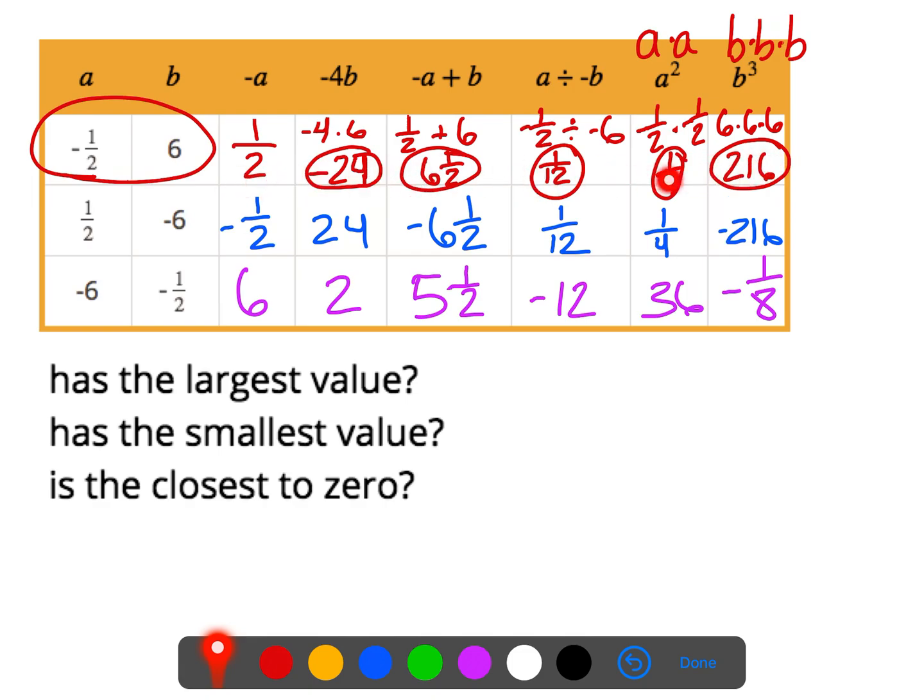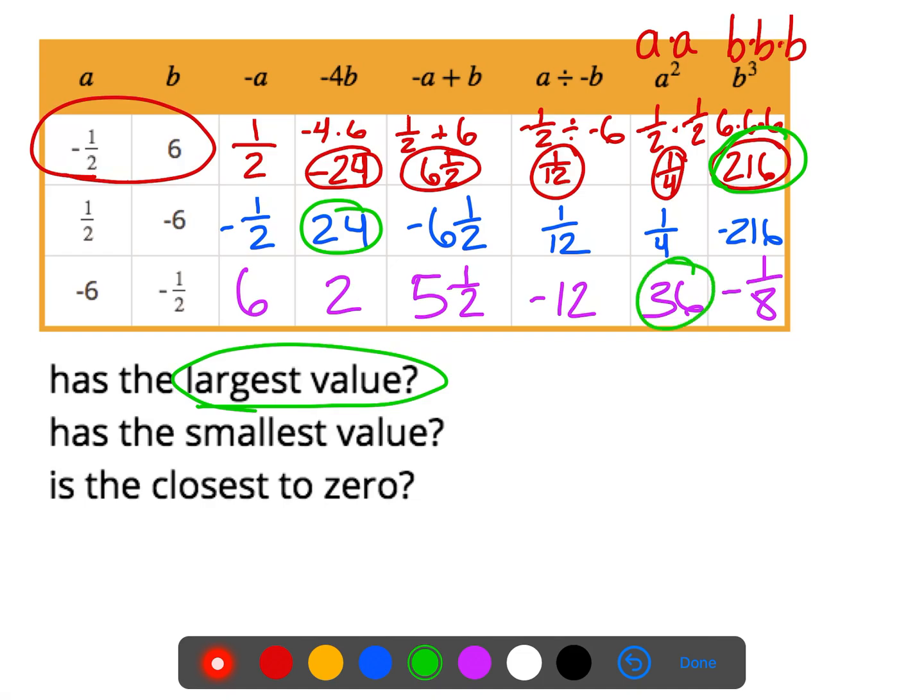The largest value here I see is 216. So I'm going to use a symbol to kind of show the largest value in each of these. And I'm going to circle that in green. That's right here. If I look at the next row, the largest value here is 24. And then finally, the largest value in the last row is 36.